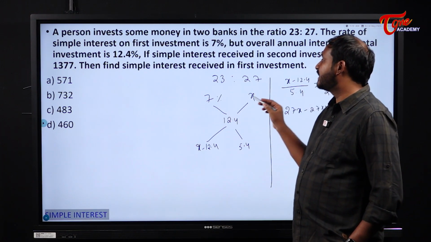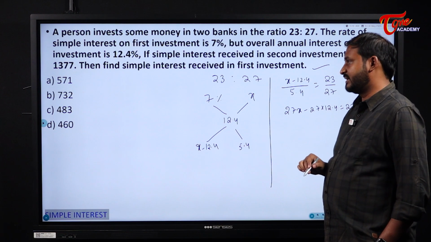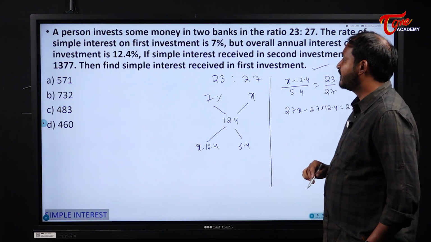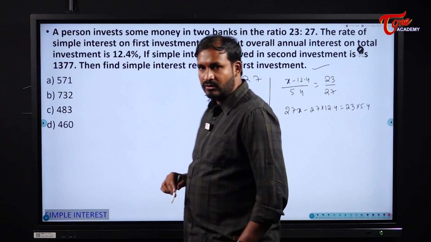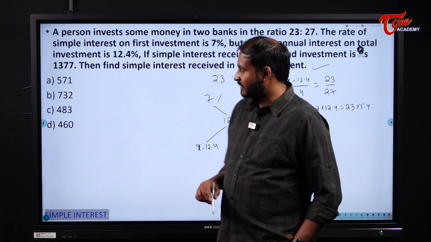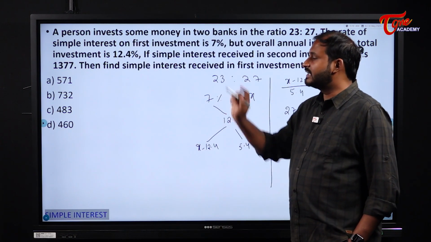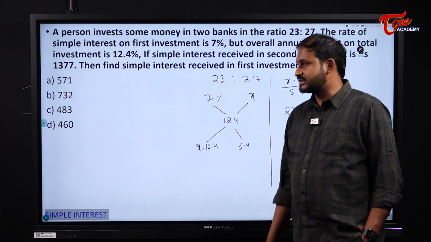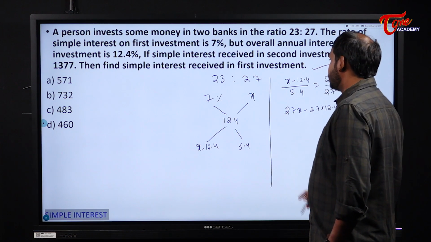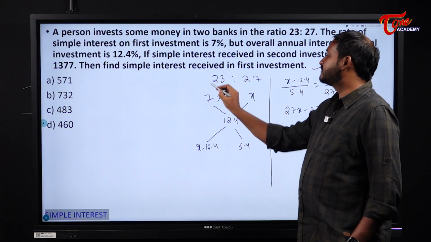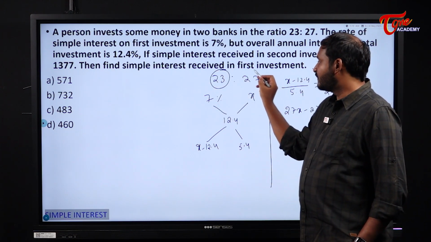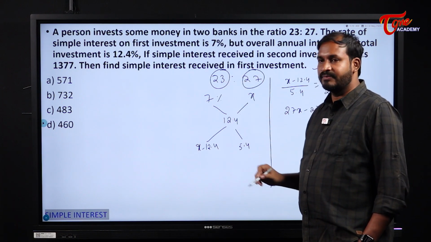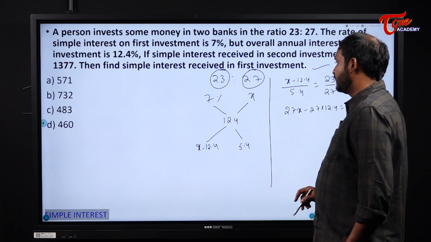Then find the simple interest received in the first investment. They are asking us the first investment. First of all, find out the 2 amounts and then easily we will find the simple interest on the first amount. Find out these 23 parts. You will get 27 parts. You will get the answer.